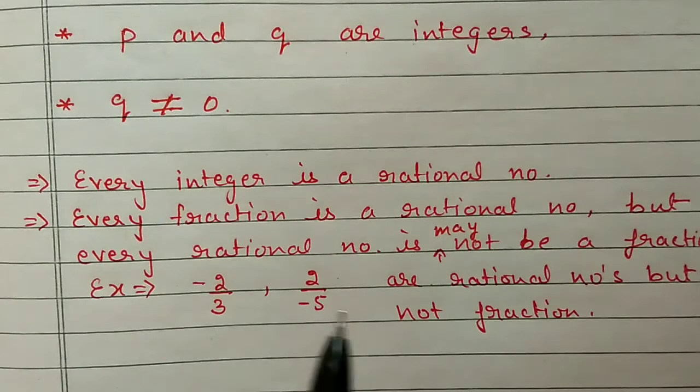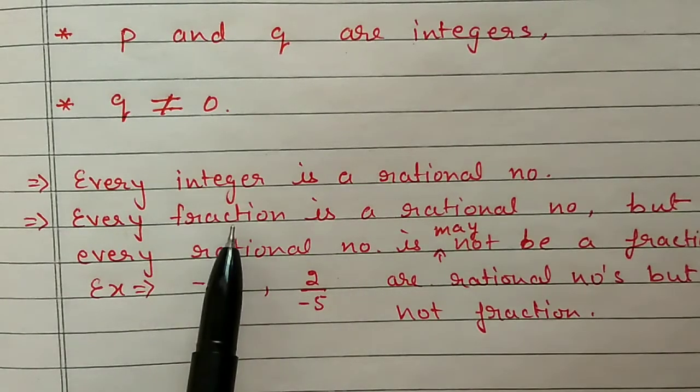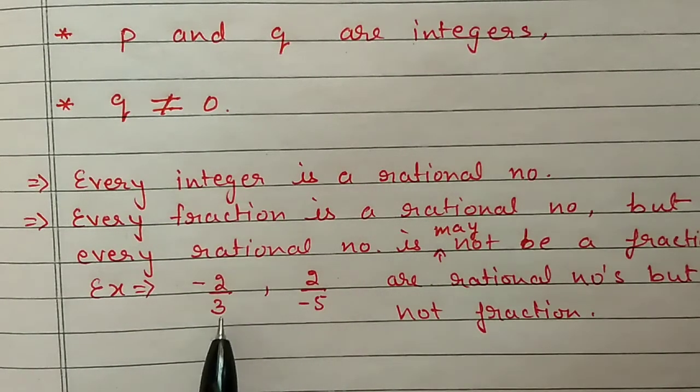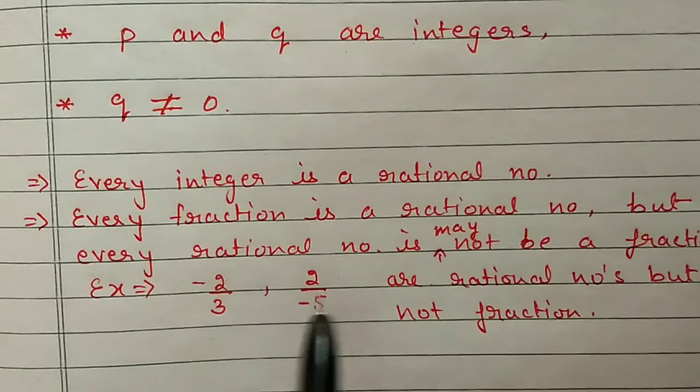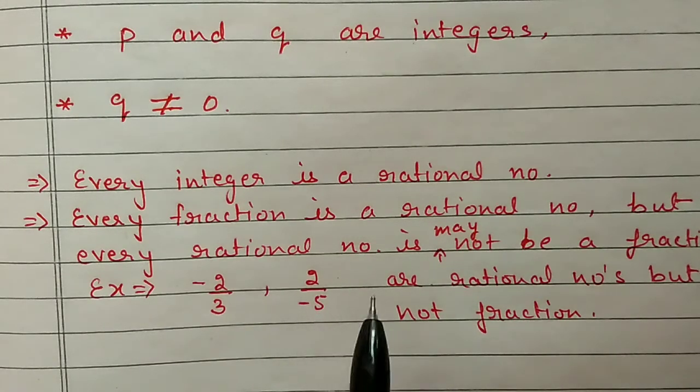Why? Because in the definition of fraction we have learned numerator and denominator should be whole numbers. And you can see here this minus 2, if you consider this numerator, this is not a whole number, it is an integer. And in the second case also, here the denominator is not a whole number. So if numerator and denominator both are whole numbers, then we will call it a fraction.